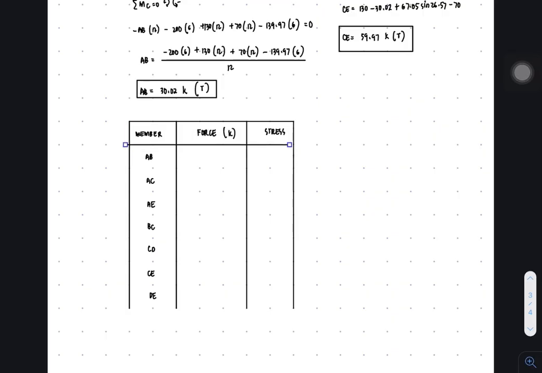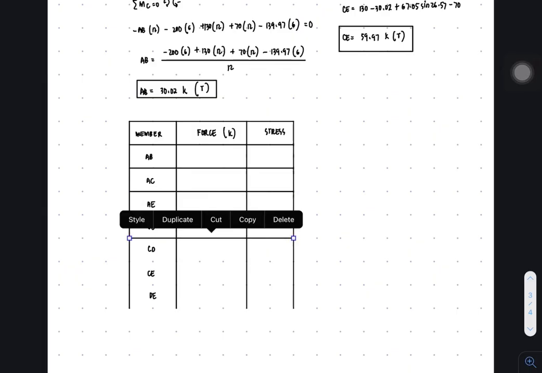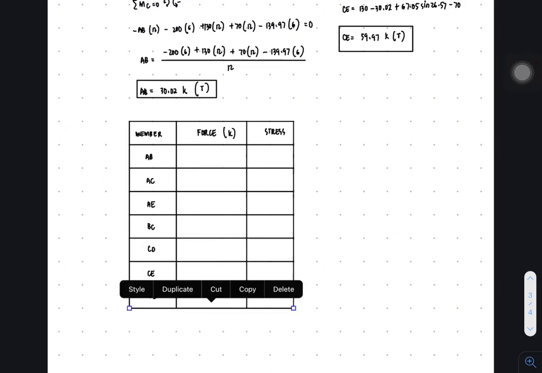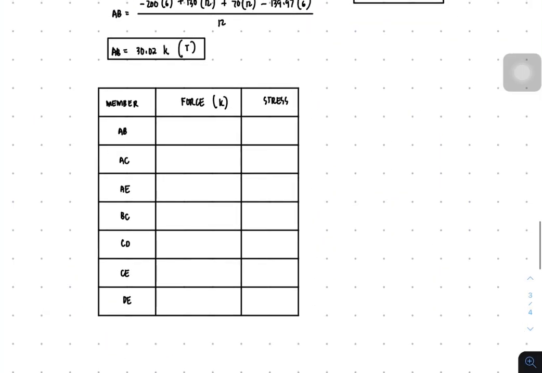So you have to really present your analysis as clean and neat as possible. There are already templates ready, so you can use AutoCAD and other software. So this is just a manual on how to do the structural analysis.